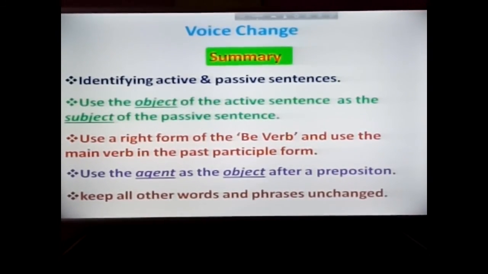We do not change or leave out any other words or phrases of an active sentence. We keep them all unchanged in the passive sentence. Okay, dear students, last of all, we learned the situations in which you can use passive sentences.